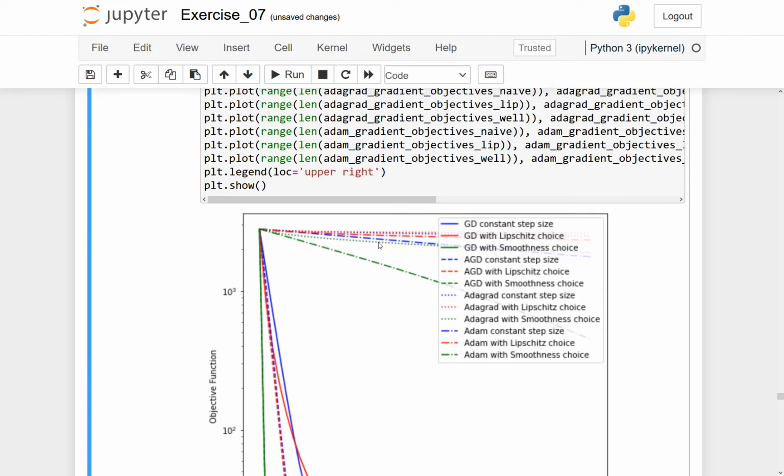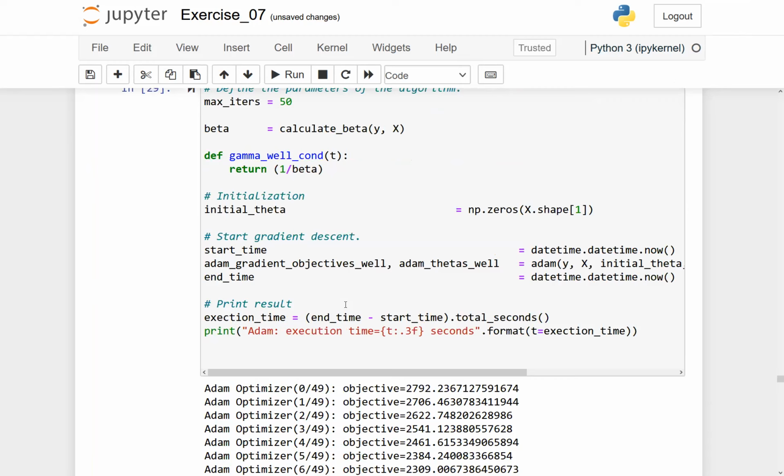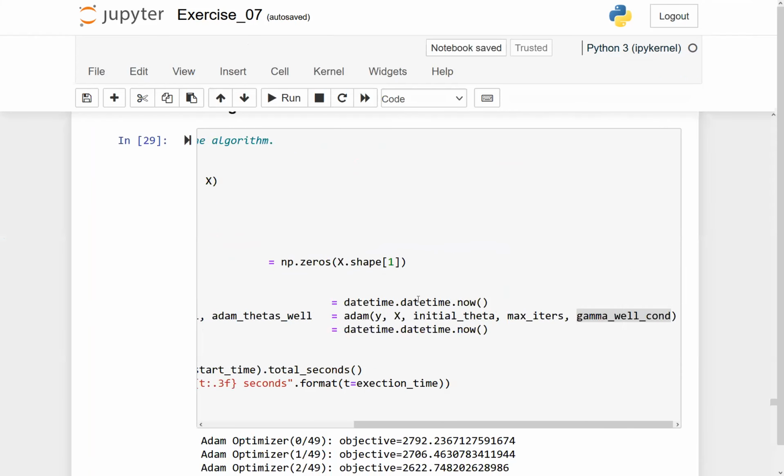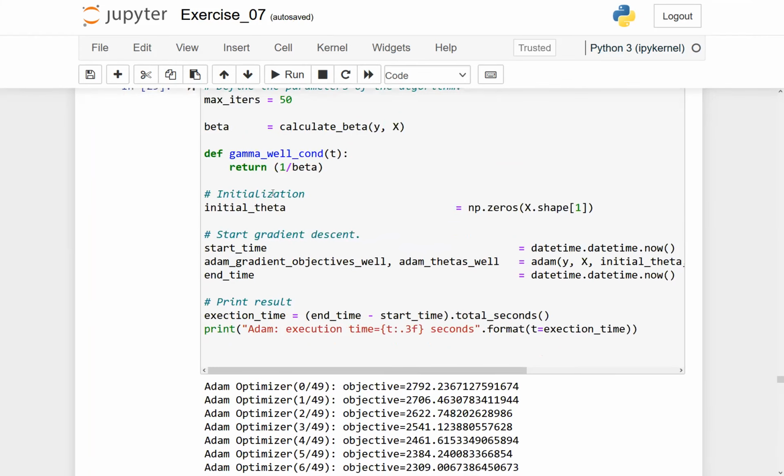So this is perhaps painting a wrong picture now. We could, of course, tune the parameters of Adam and Adagrad to have a better convergence here.